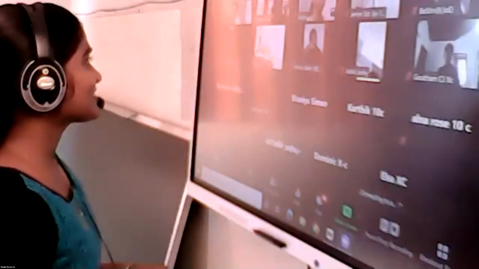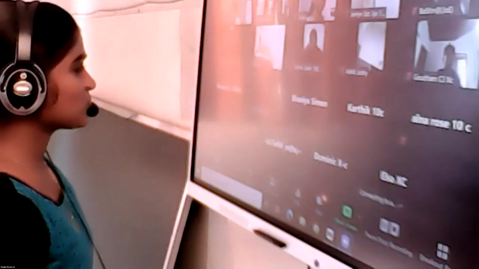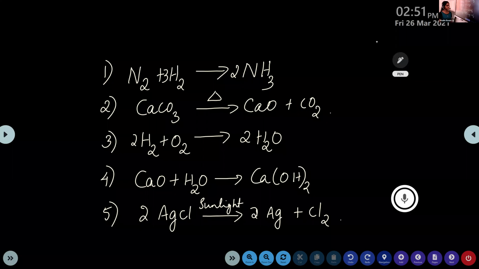Can you tell me what's the type of reaction? First one. Ma'am, can you show that question again? First one. Identify the type of reaction. Ashik, are you there?